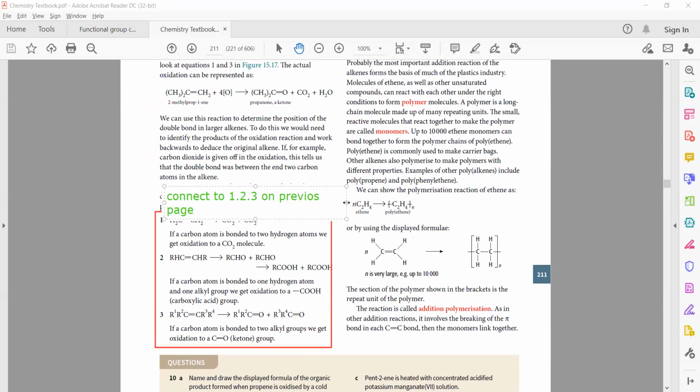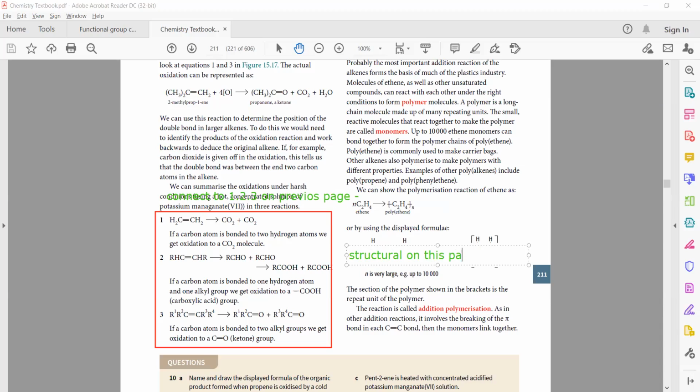And then what I want you to realize is that on the one side, they've given you structural, and on the other side, they've given you skeletal. So on this page here, you have structural formulas, and then you have skeletal on the previous page.